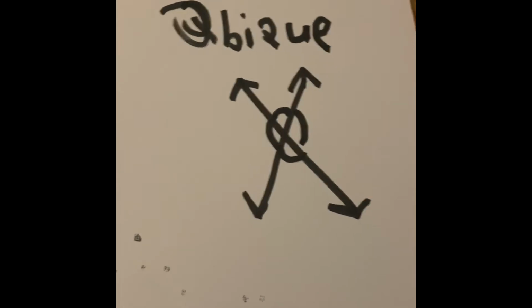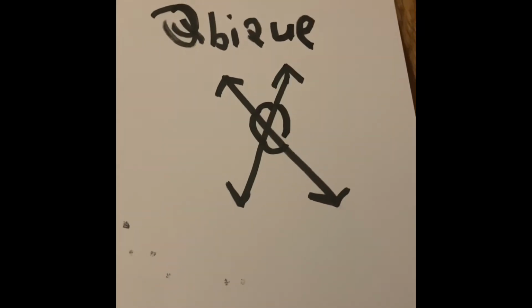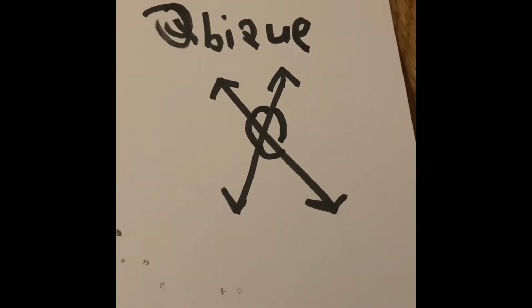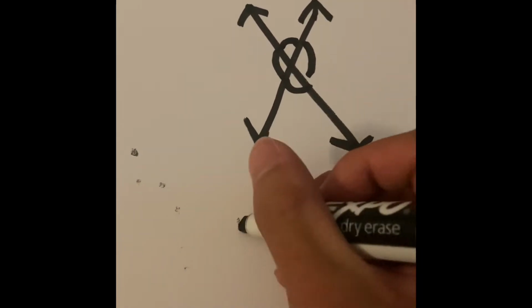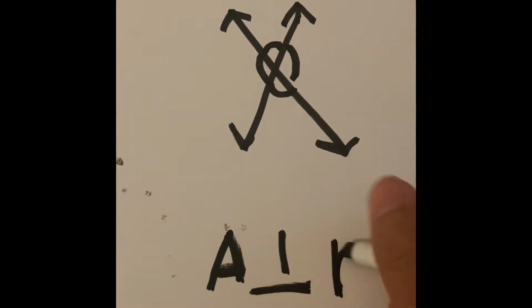They're not perfectly 90 degrees. You can see an oblique line in the famous Scottish flag, something that looks like an X.